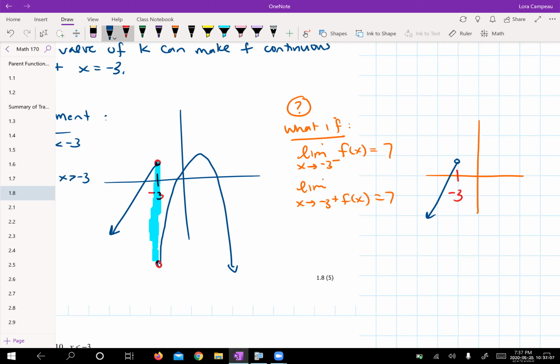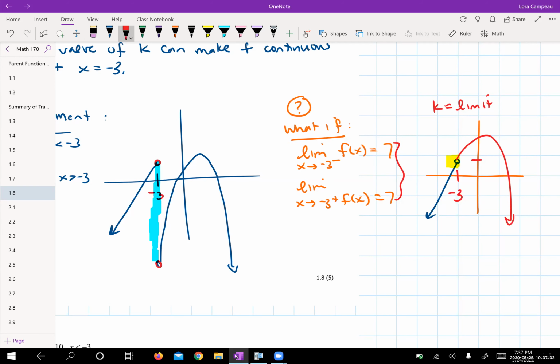But if the limits were to match, the parabola would connect automatically and you'd be able to patch whatever that hole is if it would be the k. So if k was equal to the limit, that allows us to patch that hole.